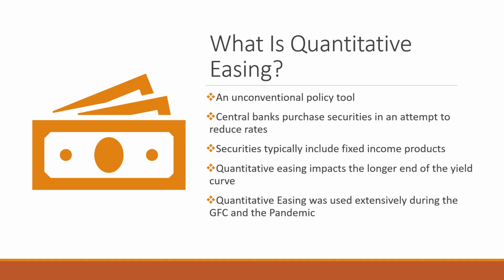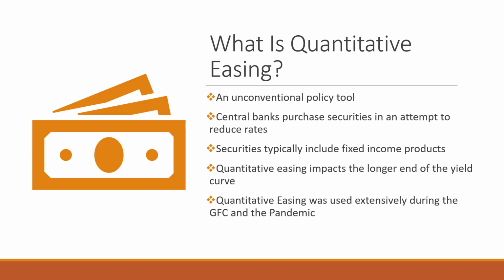So we had a major financial crisis, and central banks lowered their rates to 0%, but it just wasn't enough. So they then brought out this new tool, which is called quantitative easing. Now, quantitative easing is very similar to open market operations. The central bank prints money and they buy securities, just like they do with open market operations.